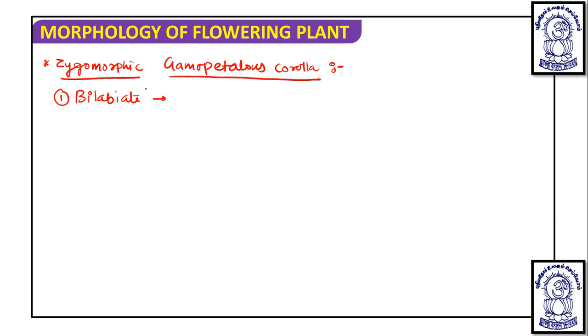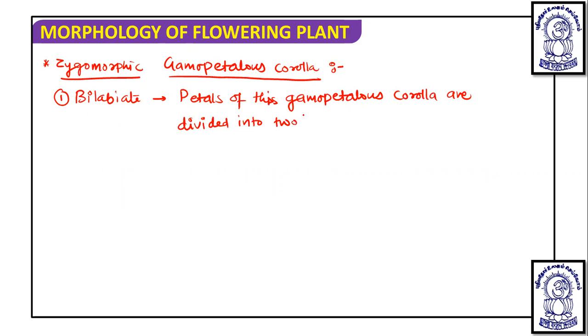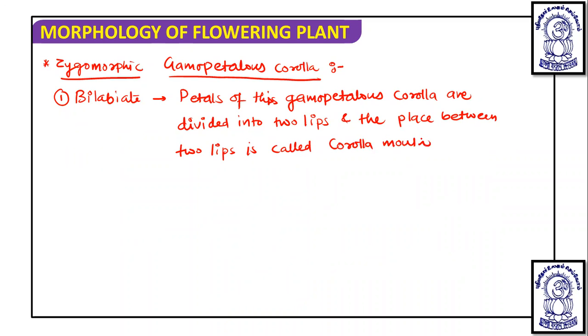Now what does it mean? Bilabiate means the petals of this gamopetalous corolla are divided into two lips, and the place between the two lips is called the corolla mouth.